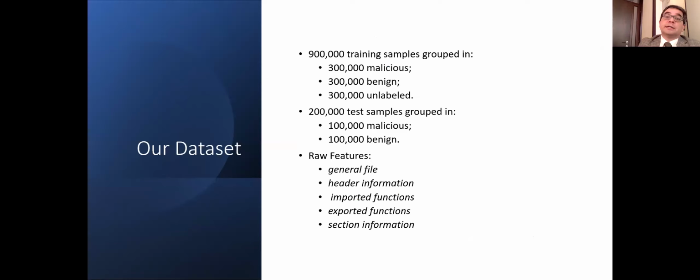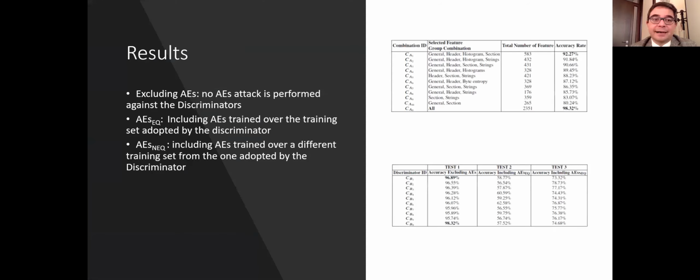We used 900,000 training samples, 200,000 test samples, and the raw features that you can see here in the slides. Of course, these raw features were selected based on the current literature on malware analysis. And these are the results.